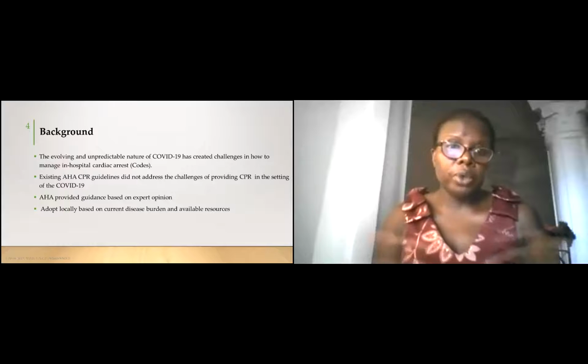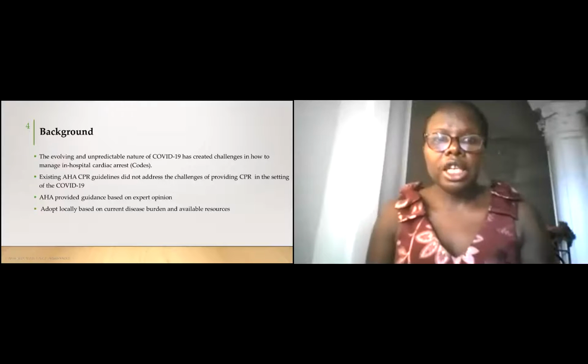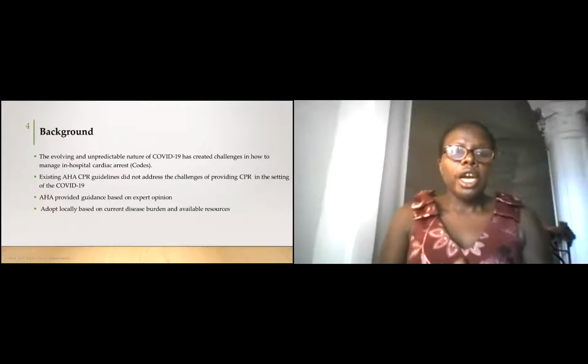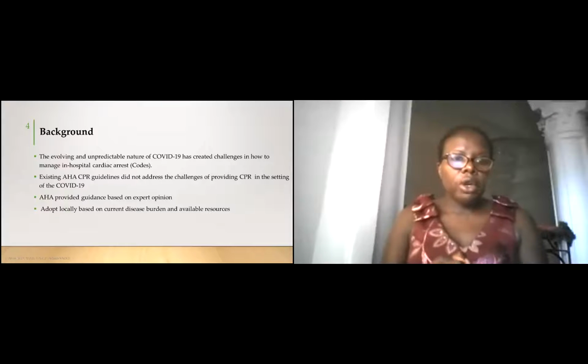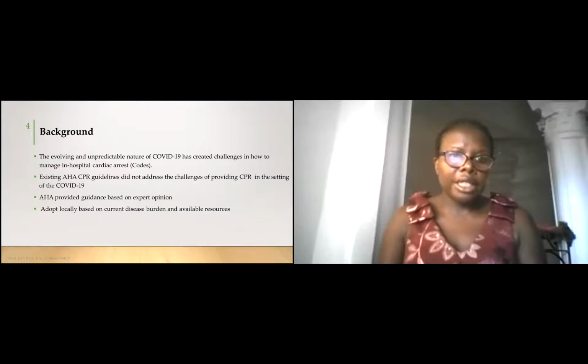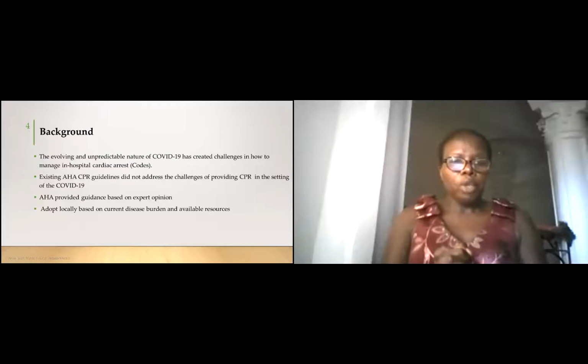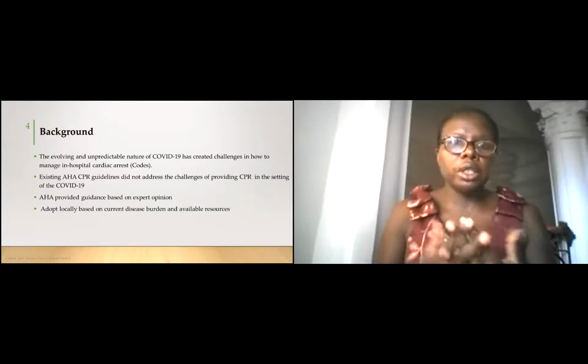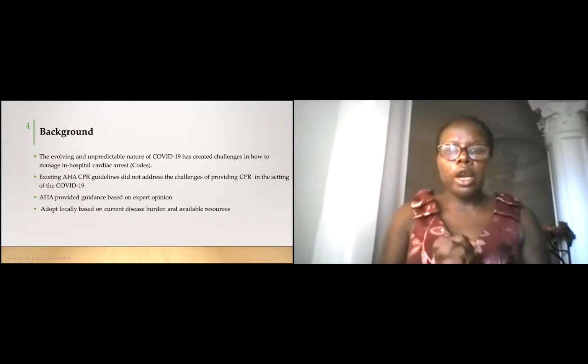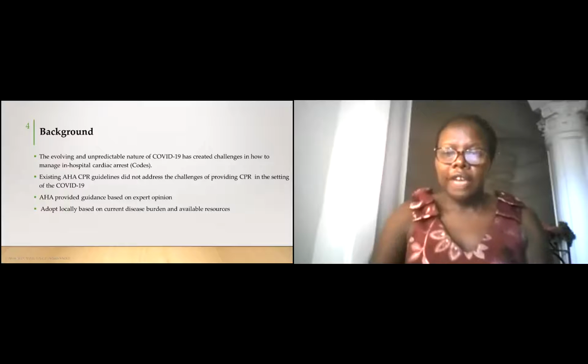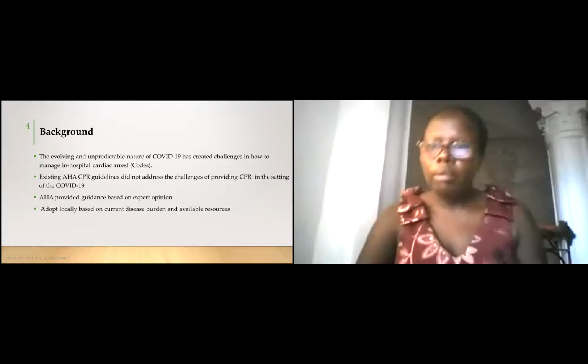Of course, we couldn't have them because COVID-19 had just started. One of the recommendations from the American Heart Association, which came with this guidance, is that we adapt it locally based on the disease burden in the area where we are, and also based on the available resources.